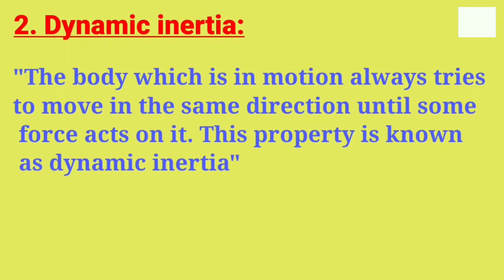Let us understand dynamic inertia. A body which is in motion always tries to move in the same direction until some force acts on it. This property of a body is known as dynamic inertia. Simply, we can say the tendency of a body to remain in the state of motion is known as dynamic inertia.